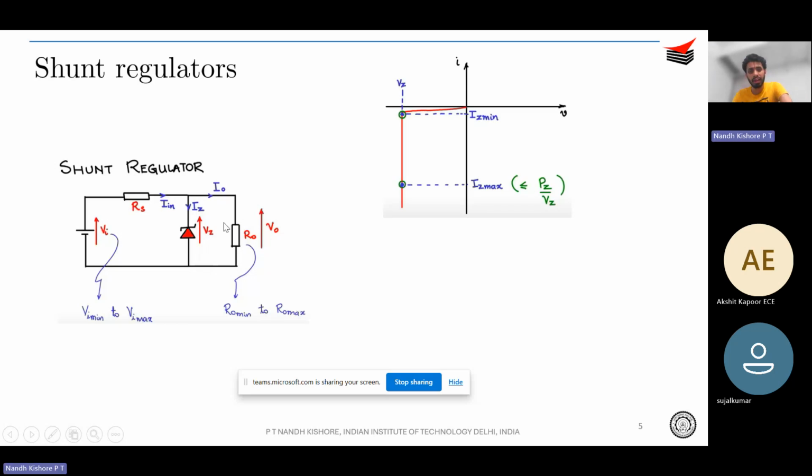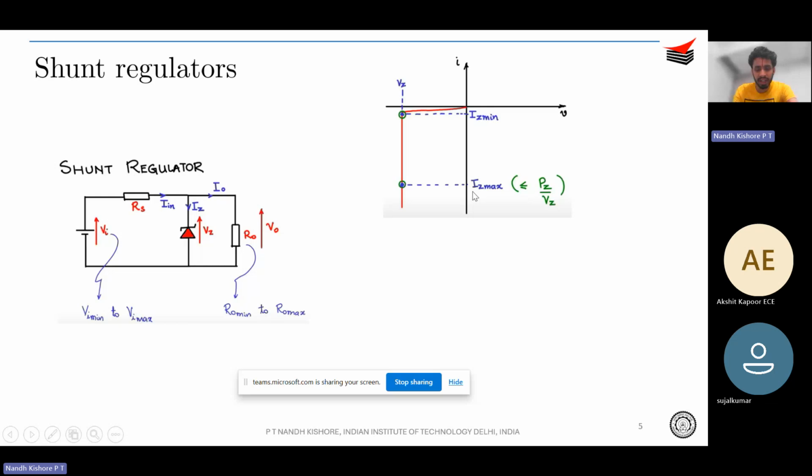However, there is a bottleneck in terms of the Zener diode. Ideally, it needs to have a fixed VZ for all values of current. However, you would see that it has a specific IZ minimum and IZ maximum within which it maintains a fixed VZ. So what is this IZ maximum?